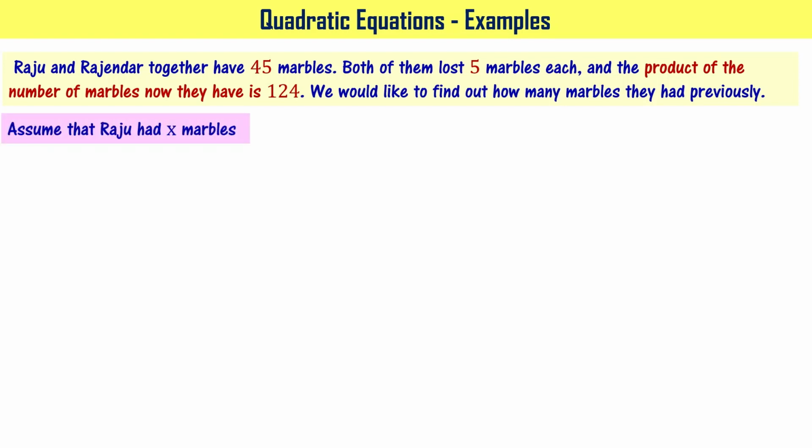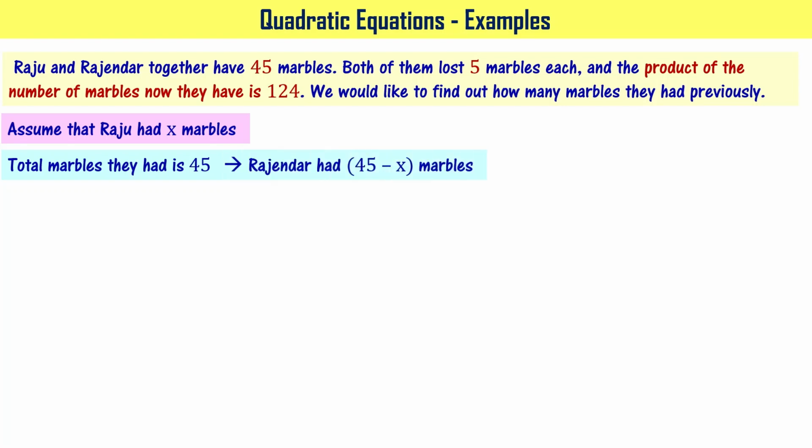Let's assume that Raju had x marbles. Initially he had x marbles, okay? And the total marbles they had is 45, both of them together, right? So Rajendra had 45 - x marbles, because Raju had x marbles.